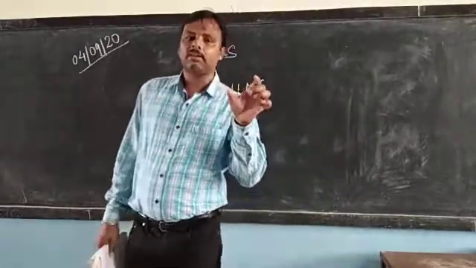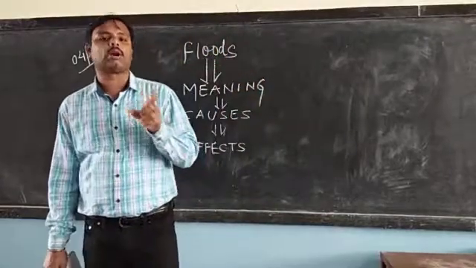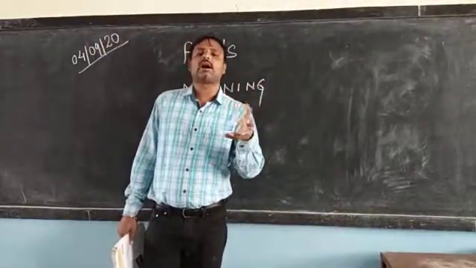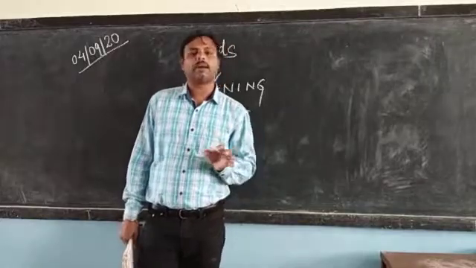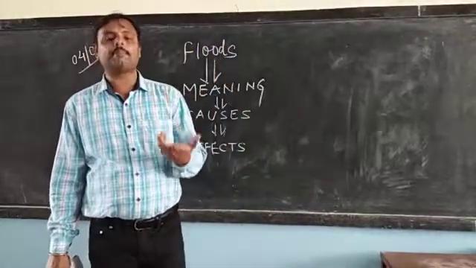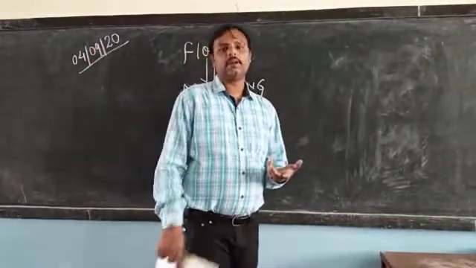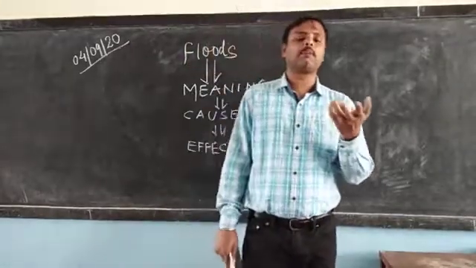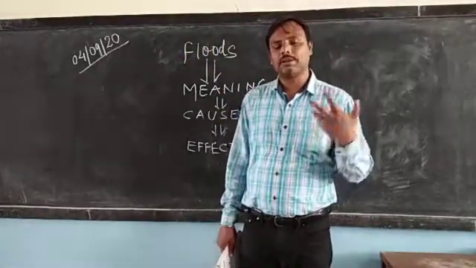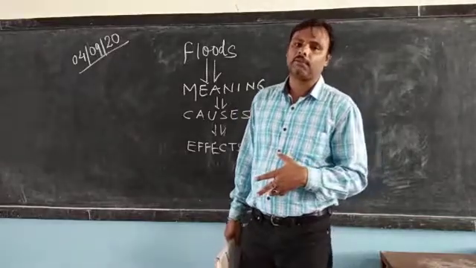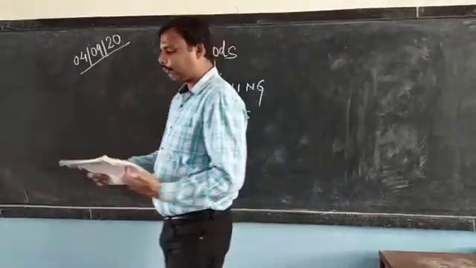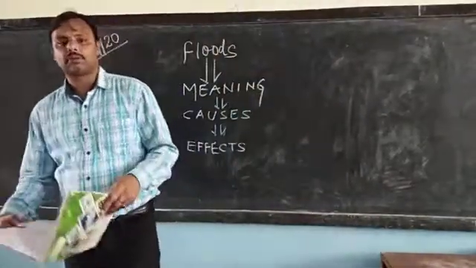There are some diseases which are specifically found in water, and people become vulnerable to them, which is again a big problem for human life. So this was the end of floods, their causes and effects.